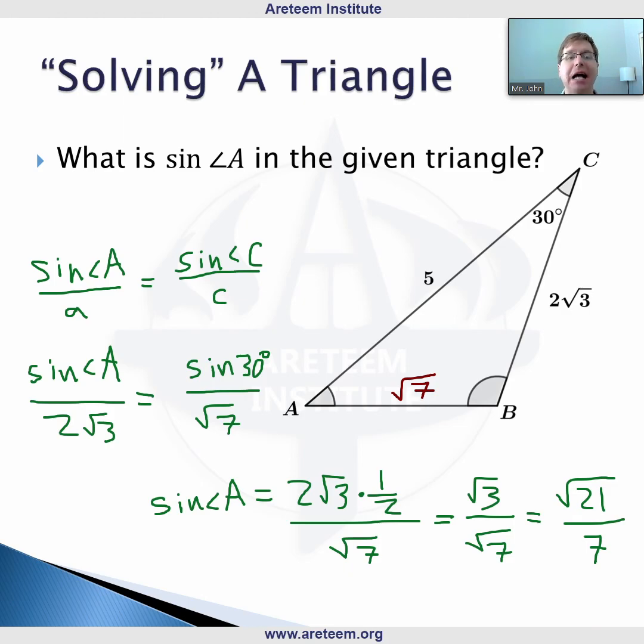This is not a nice number. If you had a calculator, you could get approximately what angle A was here. But for now, let's keep it as sine, and you could use that in other calculations. A lot of the time, you don't actually need the angle. It's enough to know what sine of the angle is, or cosine of the angle.